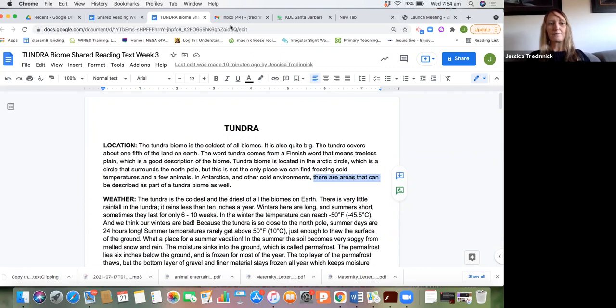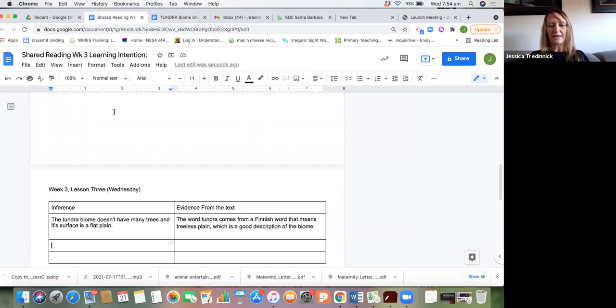My inference is that Antarctica as a whole is not a tundra biome.